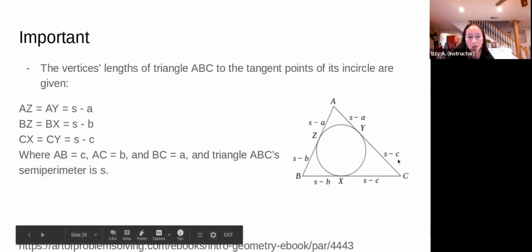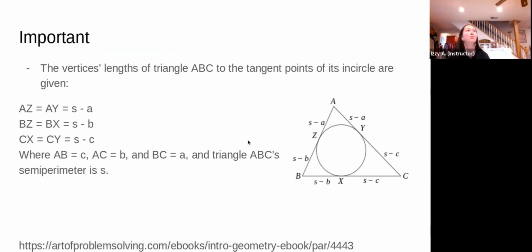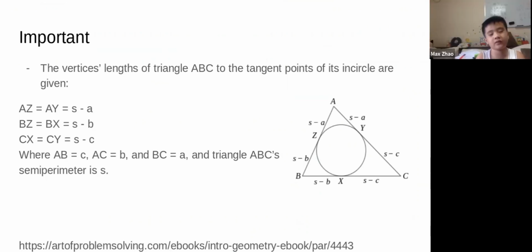Semi-perimeter is when you add up AB plus BC plus AC, and you divide it by 2. That's the semi-perimeter.